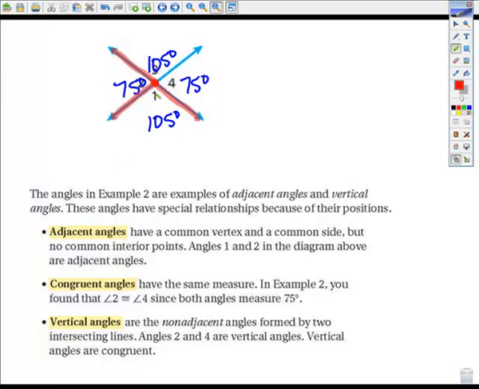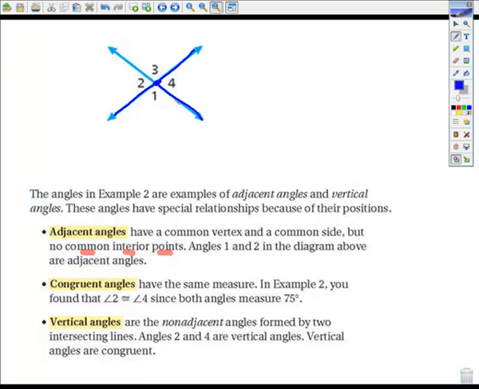Notice that angle 1 and angle 2, though, do not share any common interior points. Nothing here, nothing here. They don't have any points in common. They share a vertex and a side. So we can come up with another pair of adjacent angles. If I just randomly pick this side, then it's angle 1 and 4.